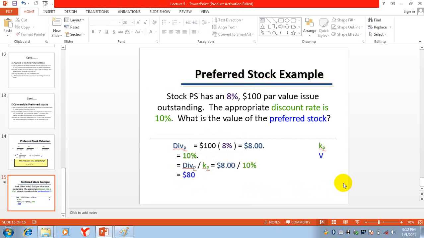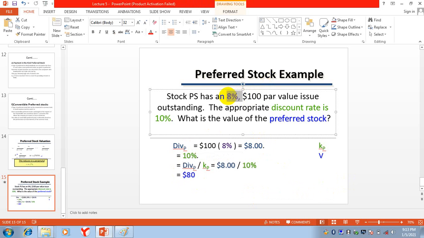What is the reason? The reason is you are receiving 8% on this $100 preferred stock, but in the market the rate of return is 10%.